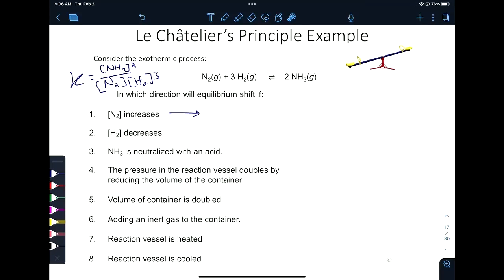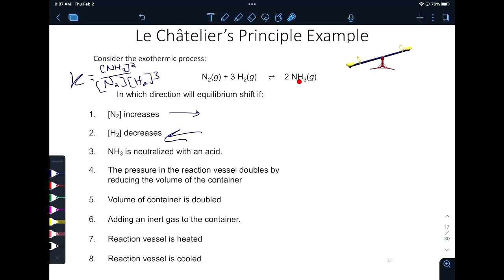What if we decrease the amount of hydrogen present? Which way does the reaction have to go? Reverse, yes. So a way to think about that is, I remove some hydrogen, I lift that side of the seesaw, so the reaction needs to go in the reverse in order to fill that void. Okay, what if we neutralize some ammonia with an acid?